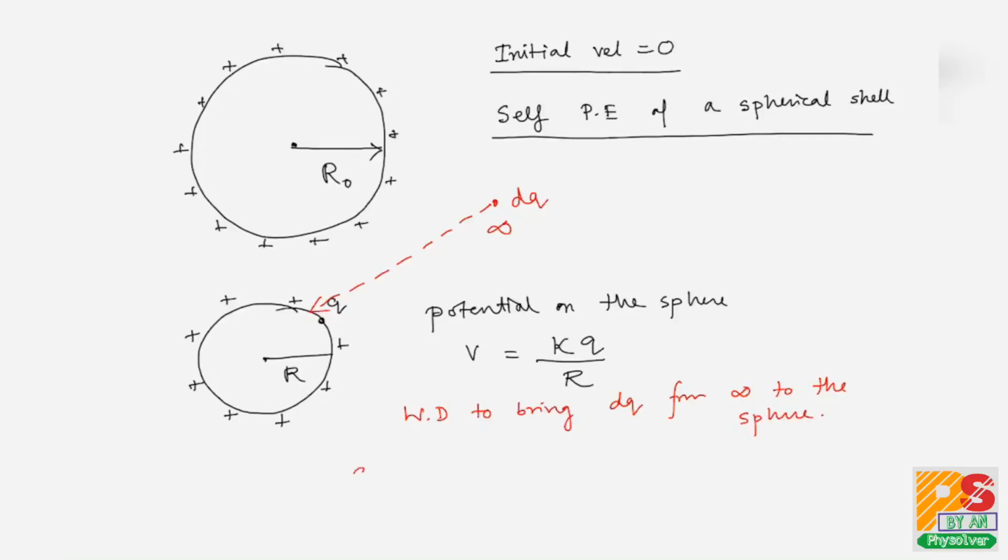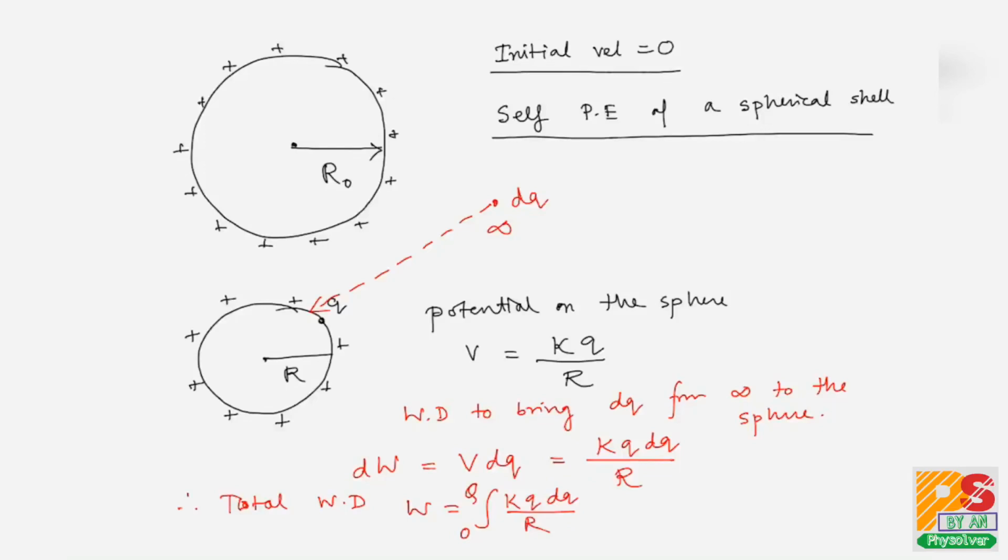What is the work done to bring dq from infinity to the sphere? Work done will be potential into dq, that is kq dq divided by r. Therefore total work done: suppose initially there is no charge in the sphere and the charge is increased from 0 to a final value, capital Q. So total work done is the integration of this, with initial charge 0 and final charge Q. It's a very easy integration. k by r is constant.